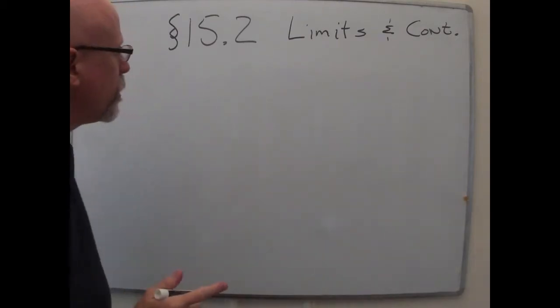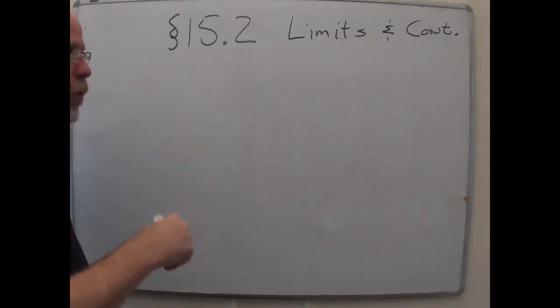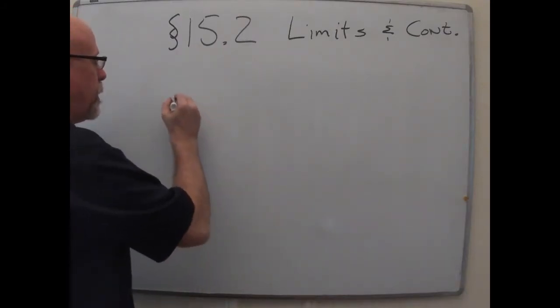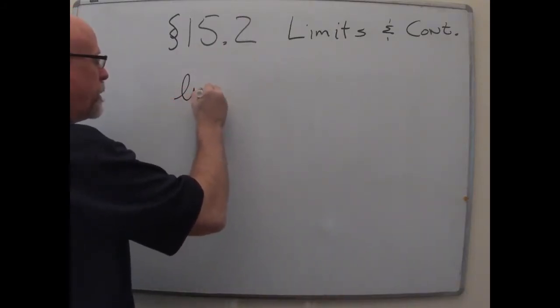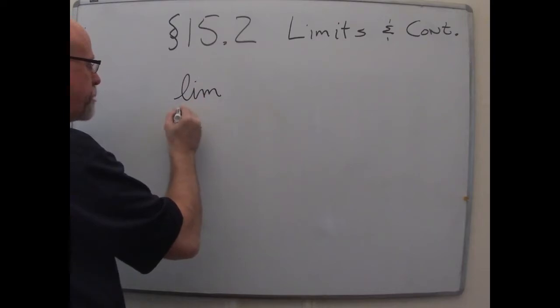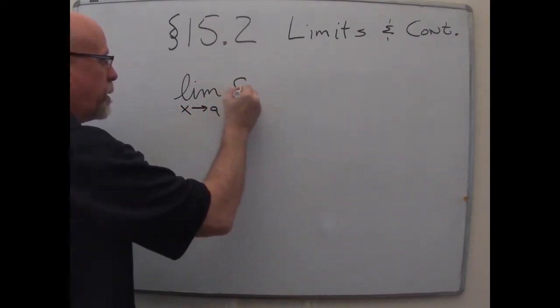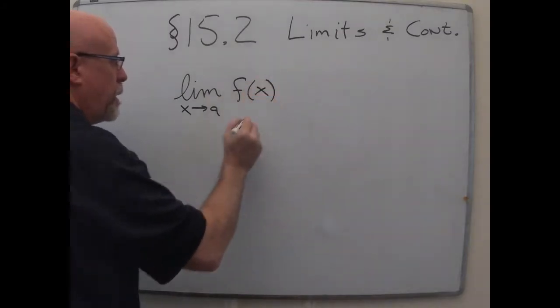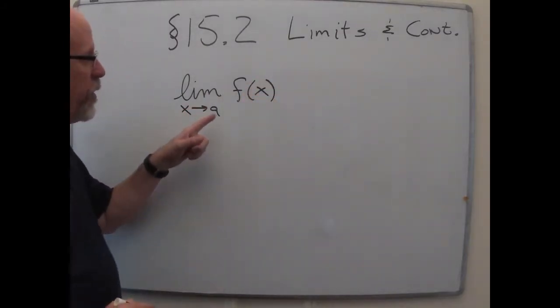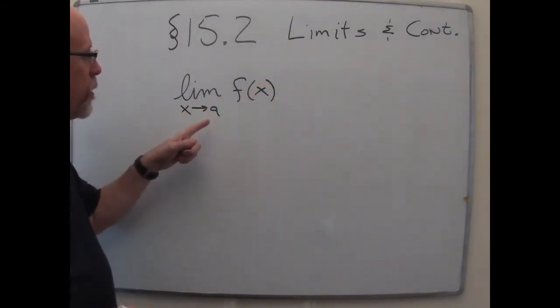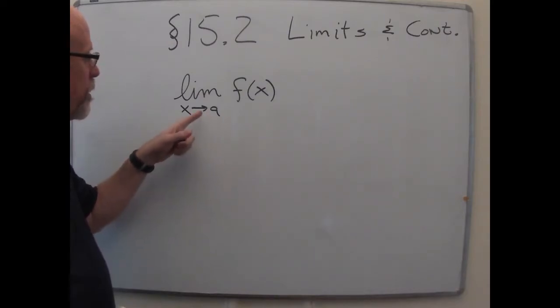Let me first recall to your mind something from Calc 1 when you were doing limits there. If you said something like the limit as x approaches some value a of a function f of x, do you recall that this existed provided you could talk about the limit from above and below?